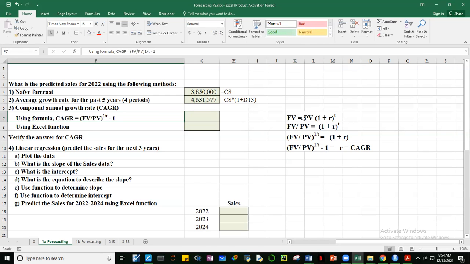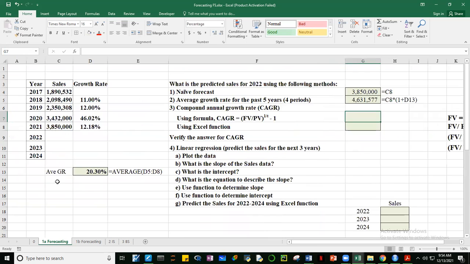Use this formula in order to compute for your CAGR. Let's put our CAGR here. I'll give you 1 minute, guys, to compute for your CAGR using the formula.